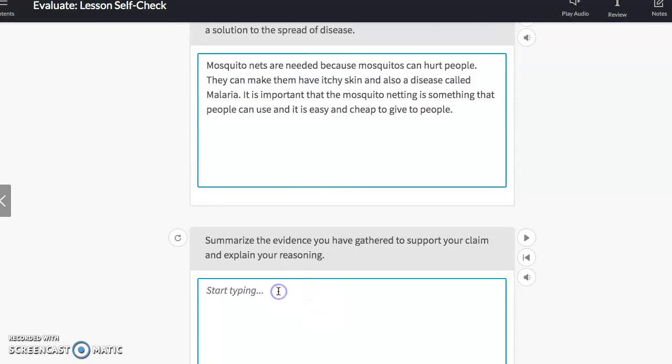Summarize the evidence. The evidence is that people have proven that mosquitoes give humans malaria.